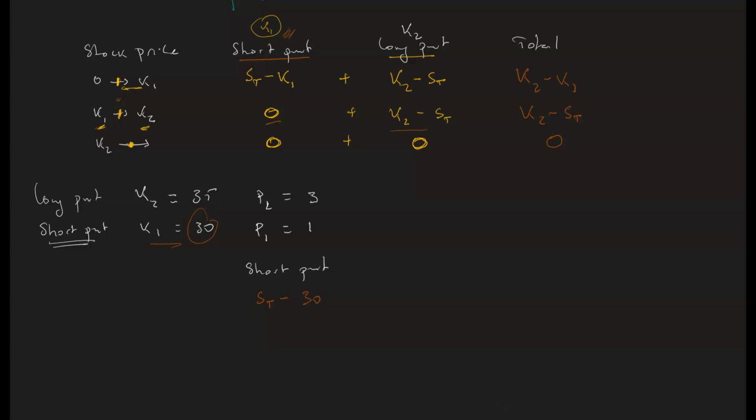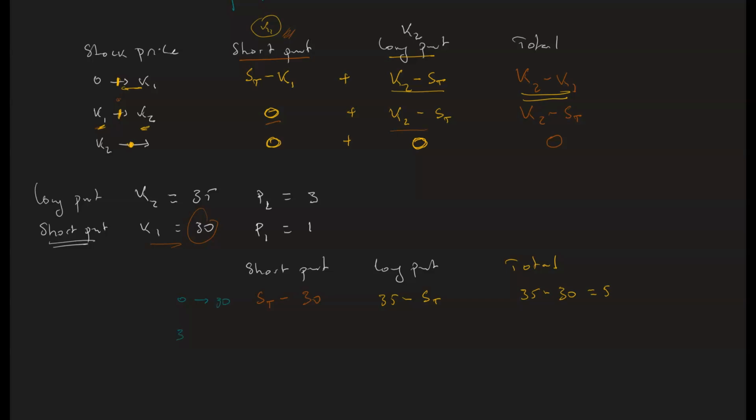And on our long put, the outcome would be K2, which is 35, minus the stock price ST, and the total will give us K2 minus K1, which is 35 minus 30. So that outcome would be equal to 5. Now, that is if the stock price is between 0 and 30.